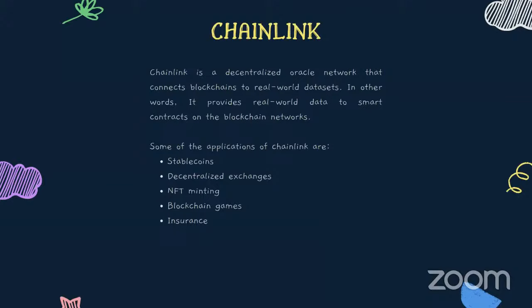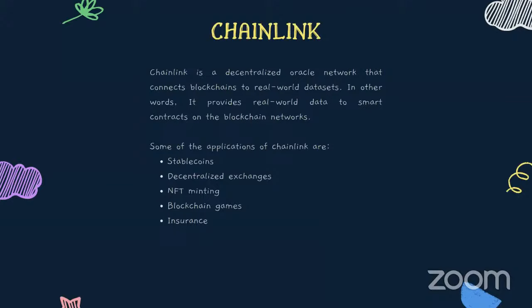to smart contracts. Some applications of Chainlink are stable coins. For example, some stable coins are algorithmic, which means they are not really backed by a fiat asset.